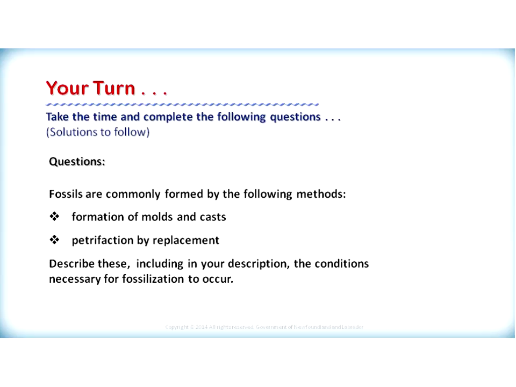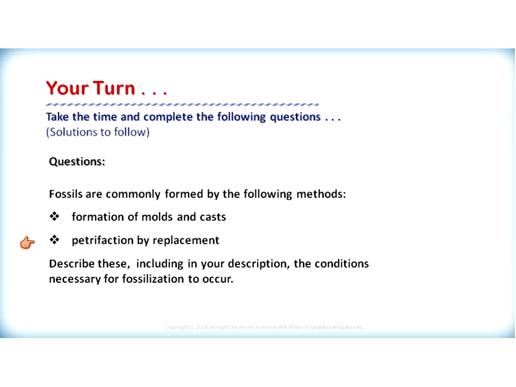Let's answer another question. Take the time to complete the following question, and the solution will follow. The question below reads, fossils are commonly formed by the following methods: formation of mold and cast, and petrifaction by replacement.